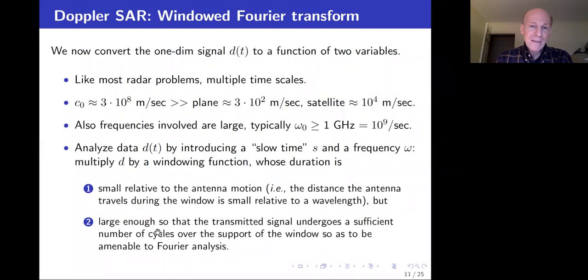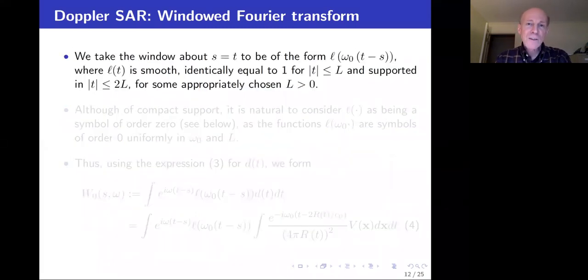But on the other hand, the window has a duration which is large enough so that the transmitted signal undergoes enough oscillations, enough cycles over the support of the window, so that it's reasonable to try to do Fourier analysis. So we introduce a windowing function that we'll call little l.